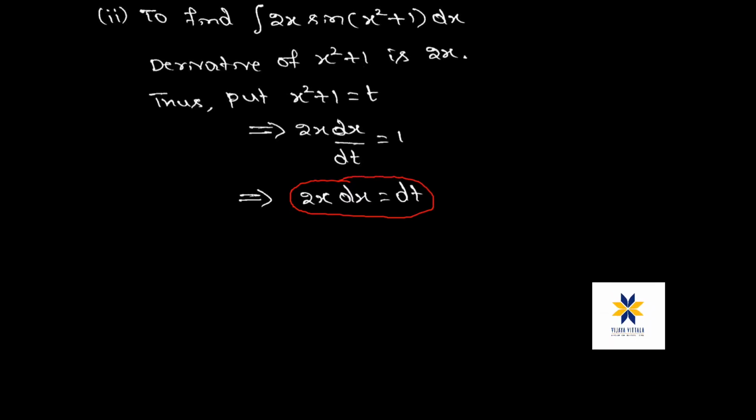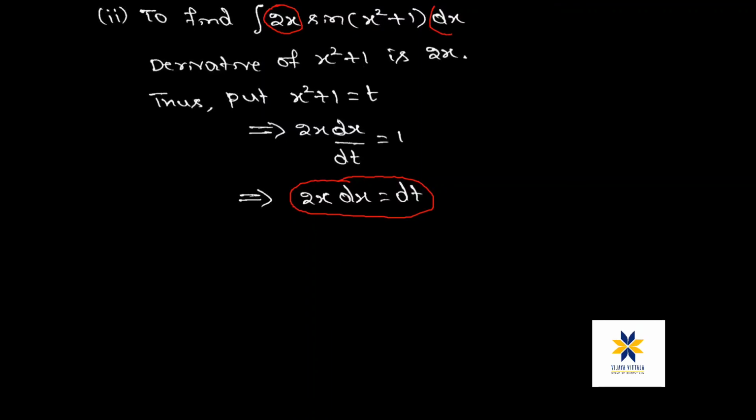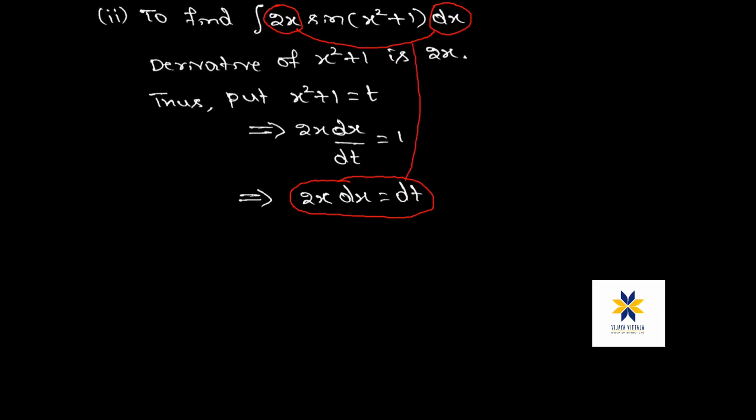So you can observe in the question we have already 2x dx. Combining these two, we can replace it by just dt. Let us use these substitutions, this and this, in the given integral.